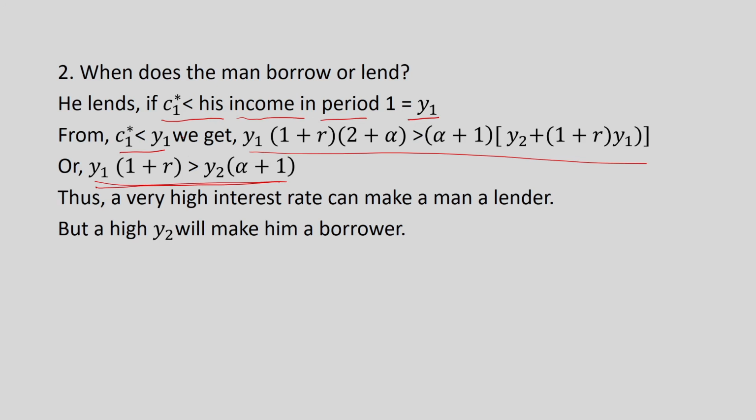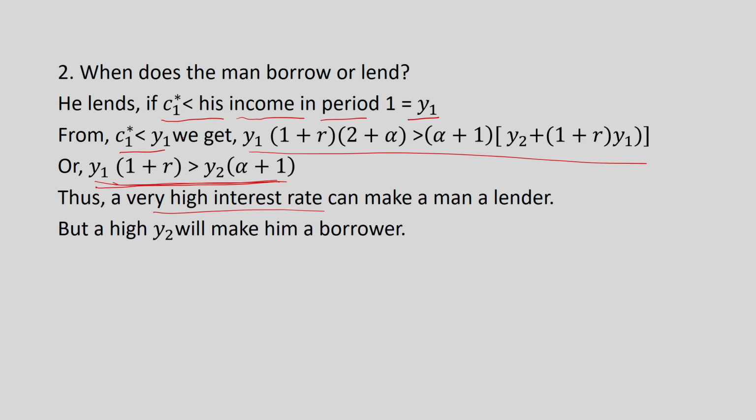Now, let us try to get the intuition of this. If there is a high rate of interest, that is R is very high, the left hand side, Y1 multiplied by (1 plus R), becomes high. In that case there is a greater chance that this condition will be satisfied. So, a high rate of interest makes a man prone towards saving money.